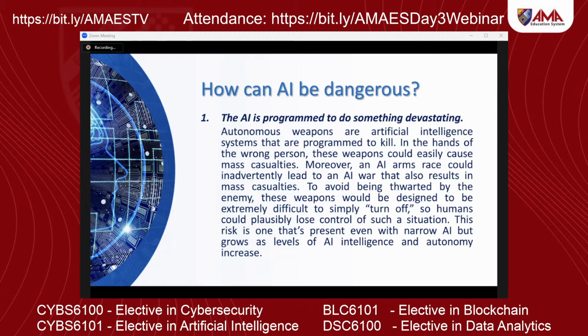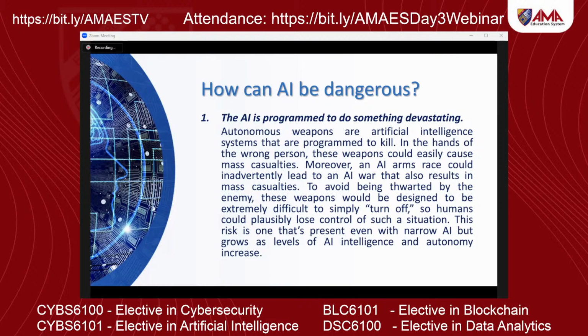The first one, the AI is programmed to do something devastating. So ano kaya ito? Autonomous weapons are artificial intelligence systems that are programmed to kill. In the hands of a wrong person, these weapons could easily cause mass casualties. Moreover, an AI arms race could inadvertently lead to an AI war that also results in mass casualties.